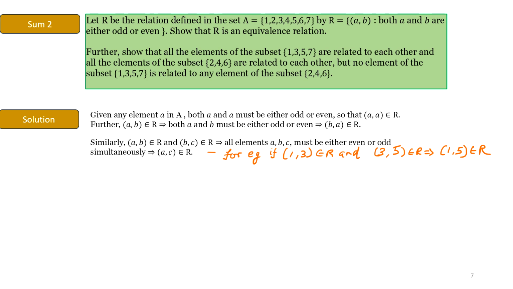R is reflexive because if a is either odd or even, so will be a. R is symmetric because if a and b both are odd or even, so will be b and a. R is also transitive based on the logic provided in this slide.